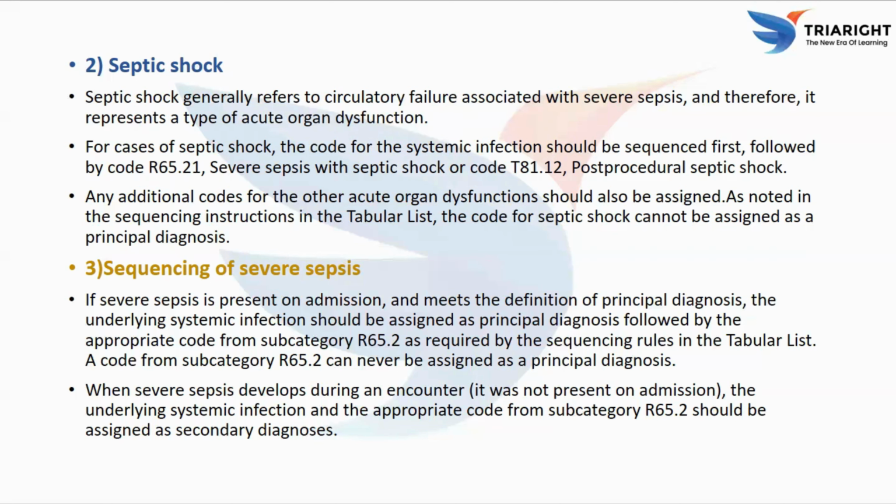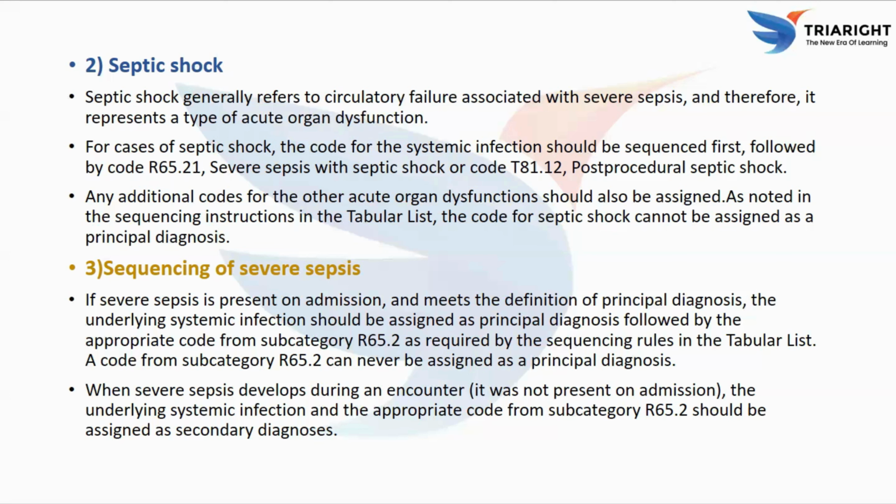So case 2 is severe sepsis develops after admission. So if the patient did not have severe sepsis at the time of admission, the underlying infection is still the principal diagnosis. So the severe sepsis, R65.2, becomes a secondary diagnosis. So the principal diagnosis is always the infection. It is not R65.2 or R65.21.